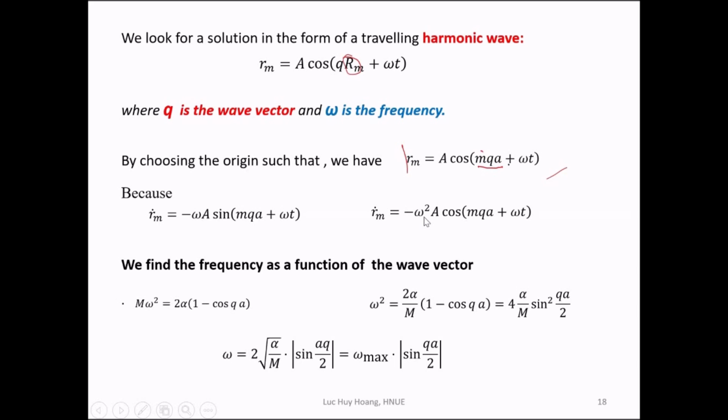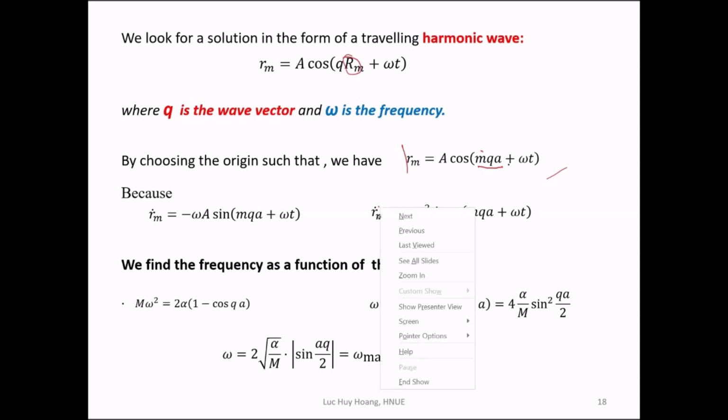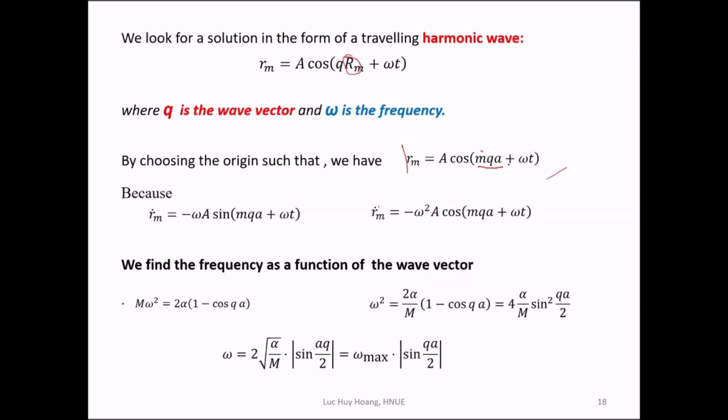Oh, it's the second derivative, sorry. Okay? The two dots. And so we have minus omega square and A cosine of MQa minus omega t.